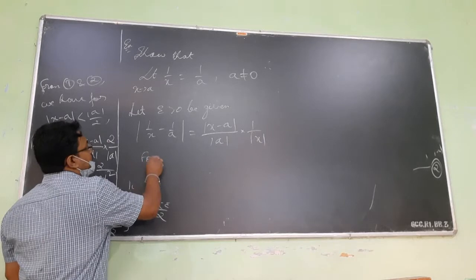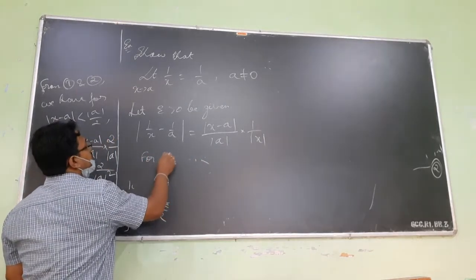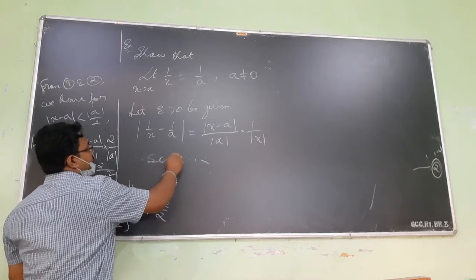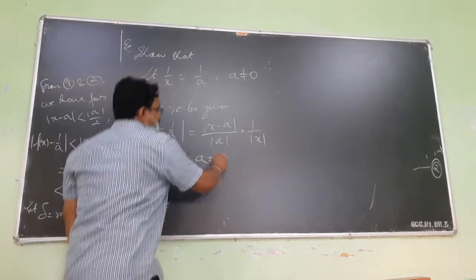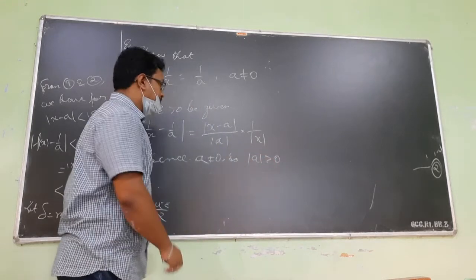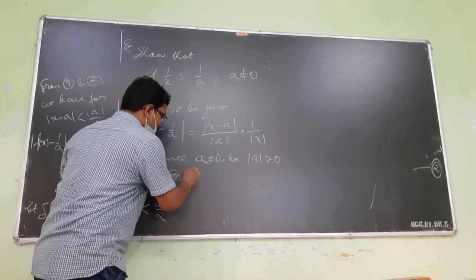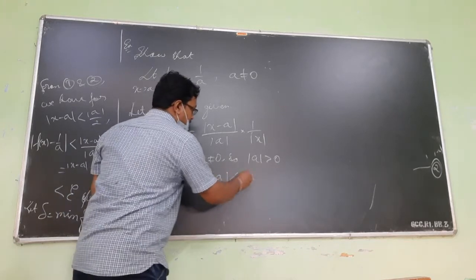So for mod of x minus a less than mod a by 2, since a not equal to 0, mod a is greater than 0. Mod a is positive.